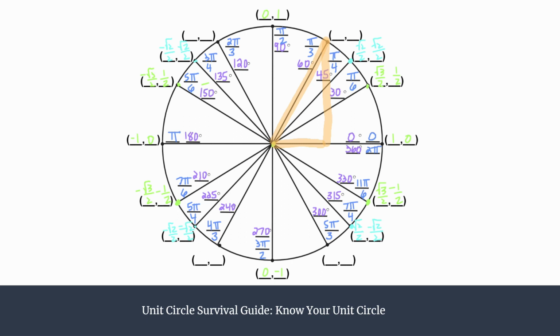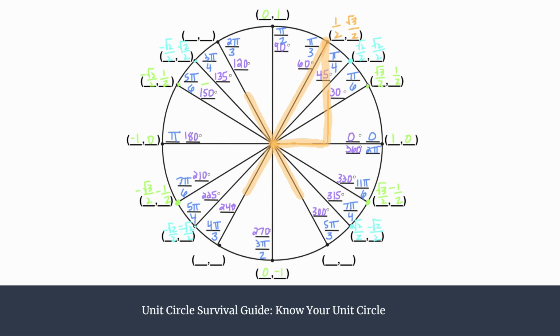So we'll be able to find those ordered pairs for all of the angles that have a reference angle of 60 or pi over 3. So again, we know if our hypotenuse is 1, our short leg must be 1/2, and our long leg must be root 3 over 2. So we go right 1/2 and up root 3 over 2.